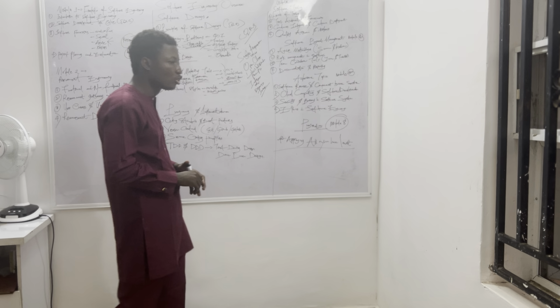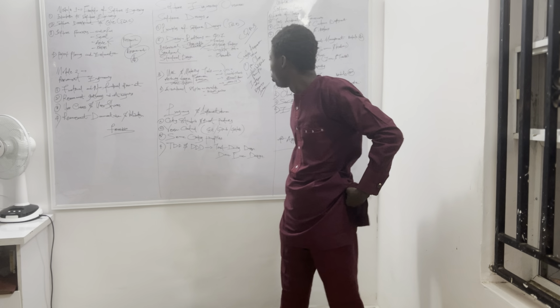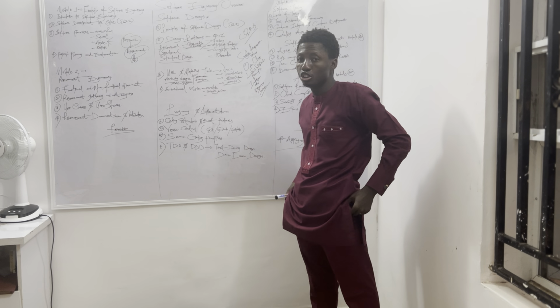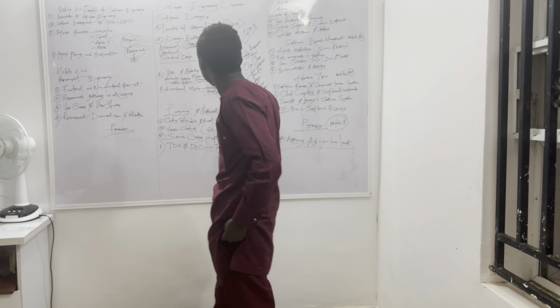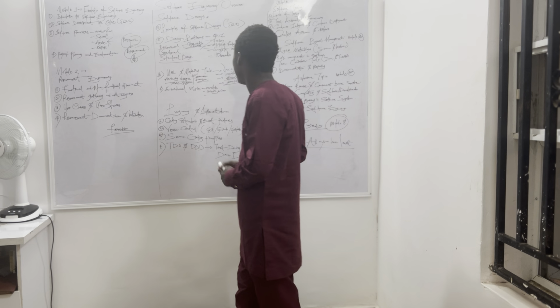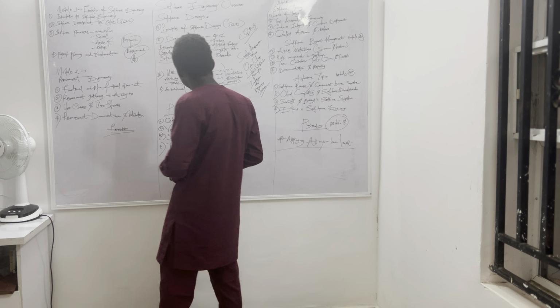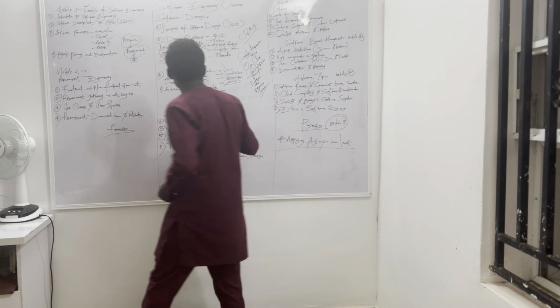And all the modeling tools: Visio is actually a modeling tool, and we have Lucidchart, Excalidraw, and a lot of modeling tools. Then we have the architectural styles. We're going to talk about monolithic, microservice, and event-driven architecture.